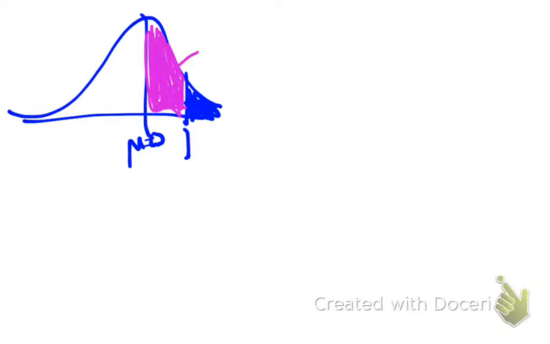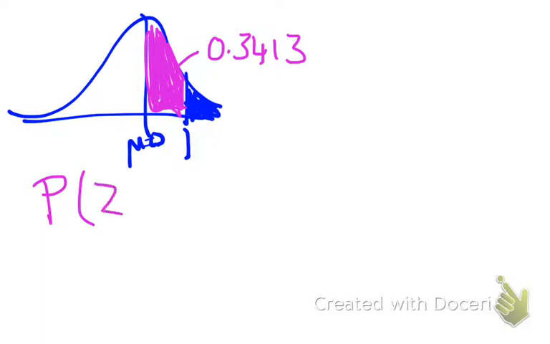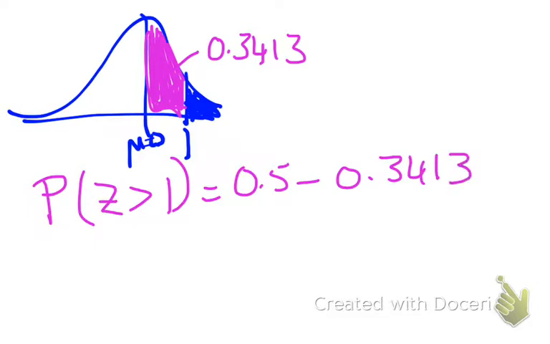And when we look that up on the Z tables, it'll give us a value of 0.3413. So then we can say, right, the probability that Z is bigger than 1 is equal to 0.5 take away 0.3413.